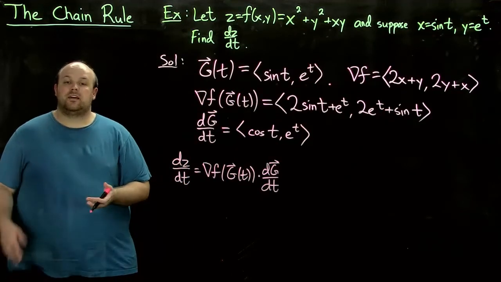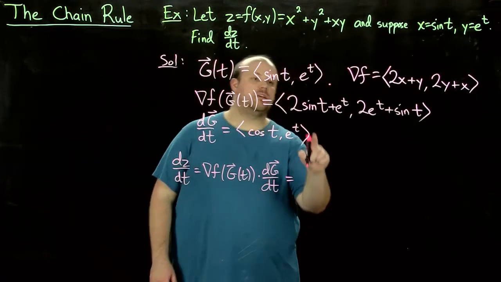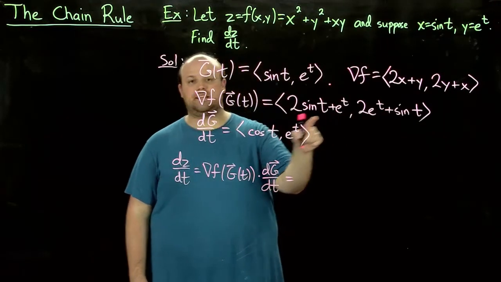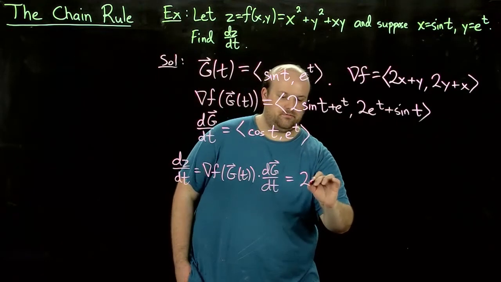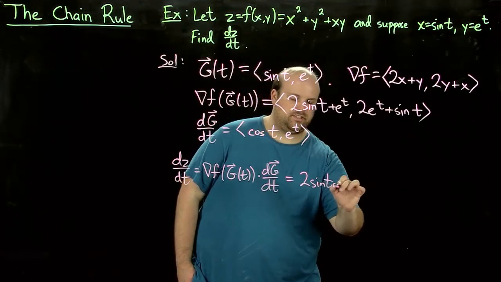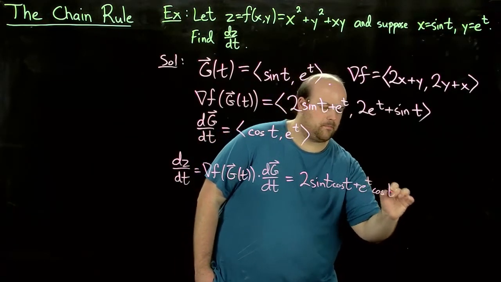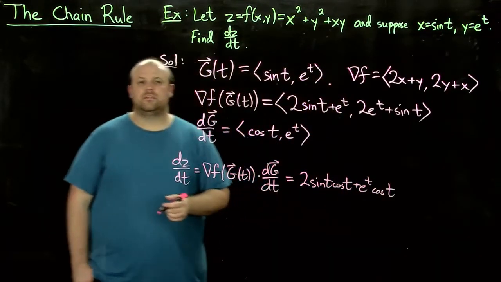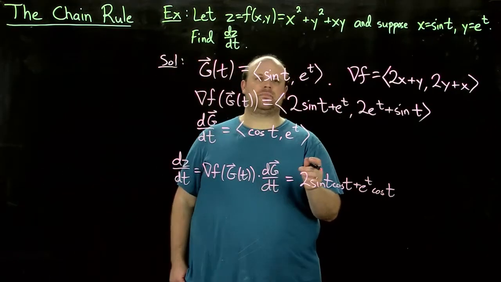Okay? And then now we just do the dot product. So 2 sine t plus e to the t times cosine t. We're going to get 2 sine t cosine t plus e to the t cosine t. And then we do the second components.